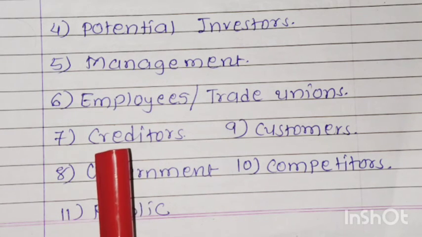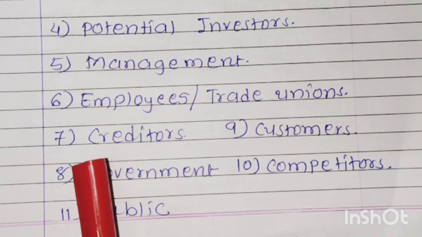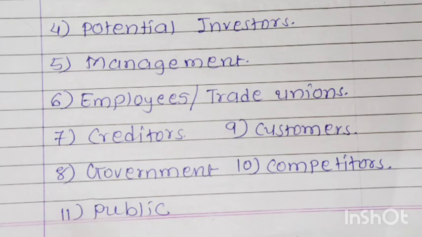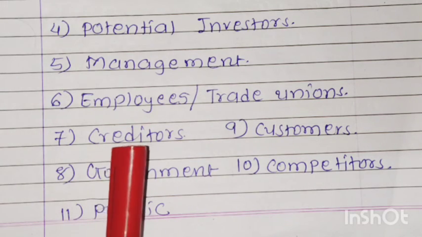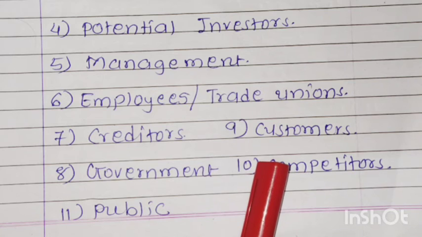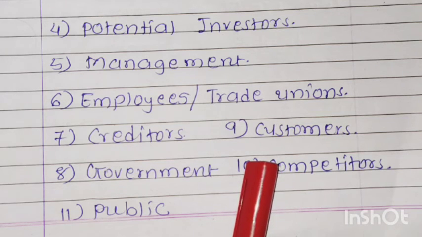Then creditors are interested in financial statements analysis to know whether they will be able to recover the money in respect of goods and services. Then customers are interested in financial statement analysis to know whether the company is selling to them quality products at a reasonable price.